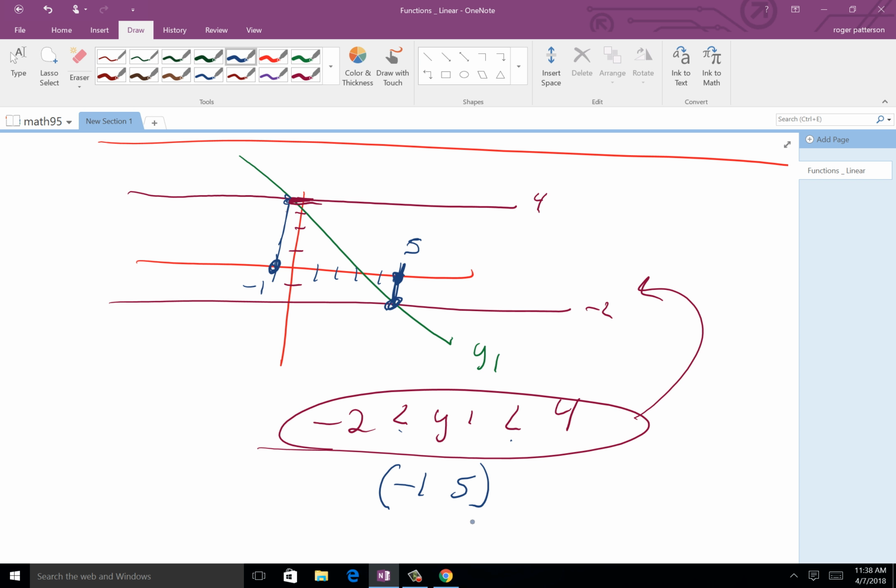Which one was that one? I made this one up. If, let's see, we have another one. Come on, pen, don't give up on me now here. There we go.